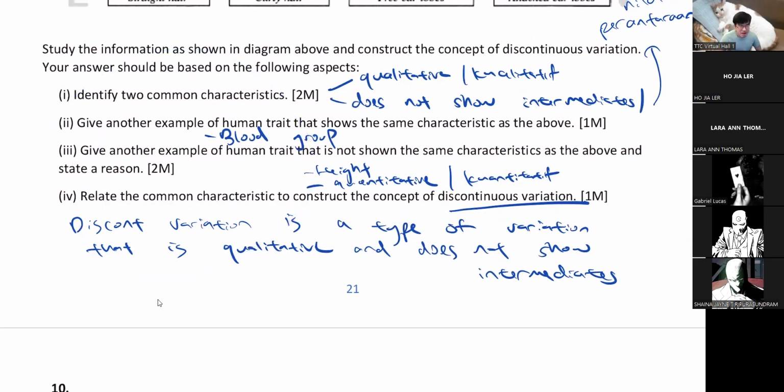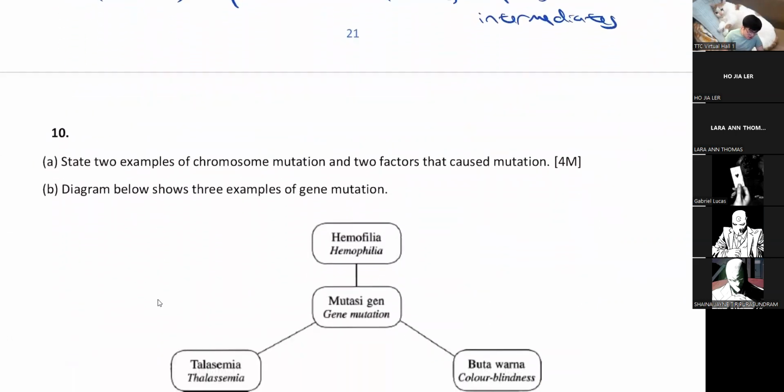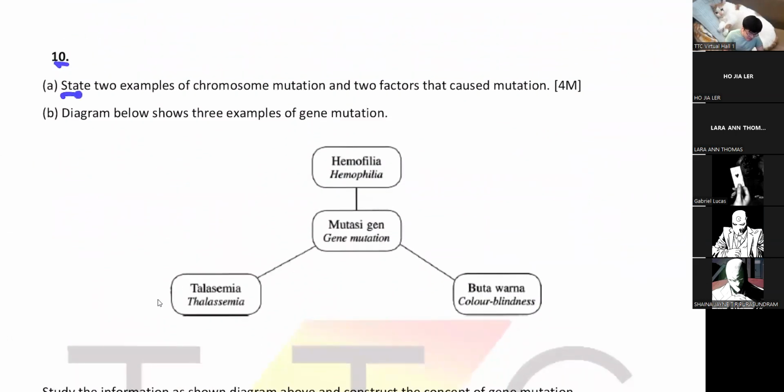Usually your exam essay question will have 4 sub questions. Let's look at another one. Number 10, state 2 examples of chromosome mutation and 2 factors that cause mutation. What is a chromosome mutation? That means there's a change in the chromosome. In this case, you have your color blindness, you have your hemophilia.